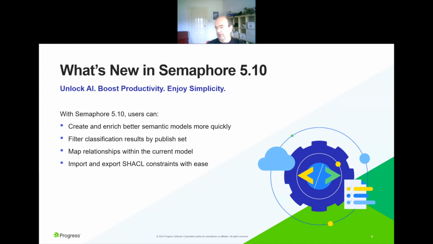And then the final chunk of the functionality that's visible in 5.10 is the ability to import and export SHACL constraints more easily. Again, with 5.12, we're working towards a much easier way of using SHACL to constrain your model. I'm hoping that within 5.12, people will be able to use SHACL constraints without understanding what SHACL is and not knowing the meaning of the word shape. But as a step in that process, we've made the import and export of SHACL constraints much easier to do.